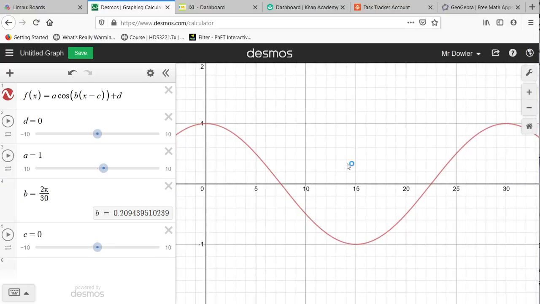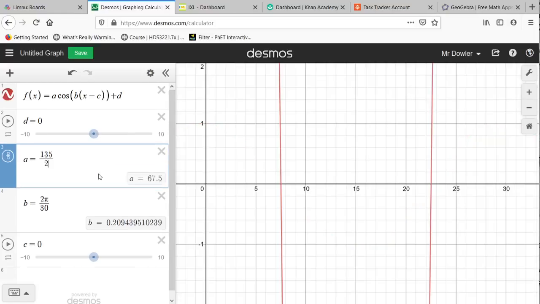Now, this one is 135 meters above the ground. So 135 meters is our maximum. And there's no indication of what the minimum would be. So I think we will take a minimum of 0 and say our amplitude is 135 over 2.